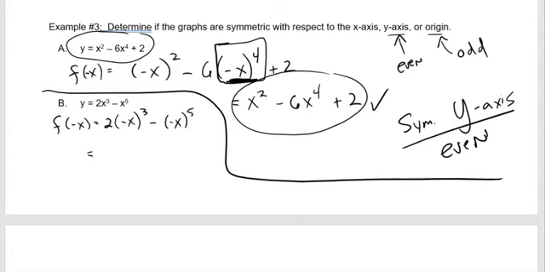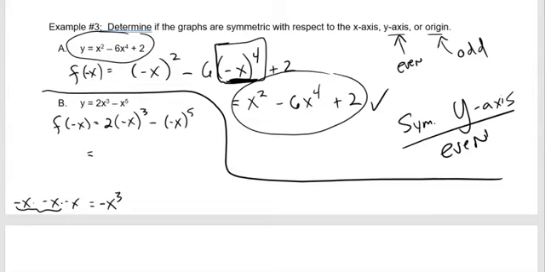So if I cube a negative x, that's negative x times negative x times negative x. So there's 3 x's, which gives me x cubed, but a negative times a negative is going to be a positive, and then times another negative is going to be a negative. Okay, so I end up with negative x cubed.